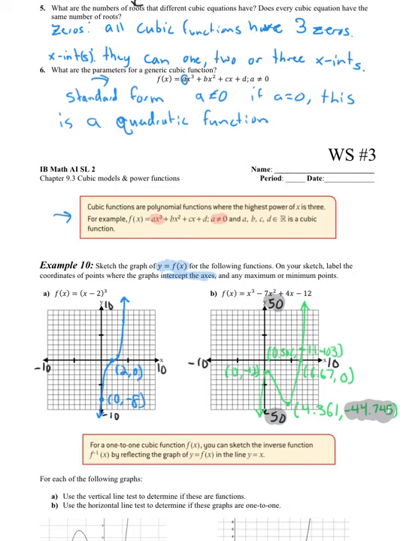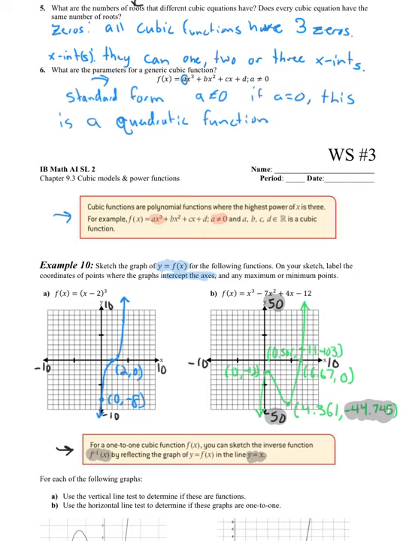There's a little note down here as well that says for a one-to-one cubic function, you can sketch the inverse, f inverse of x, by reflecting the graph of y equals f of x over the line y equals x. So you're over the line y equals x, you sketch the inverse of the graph.